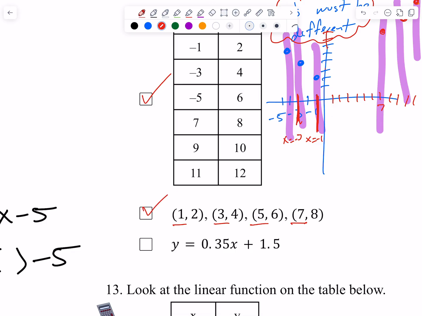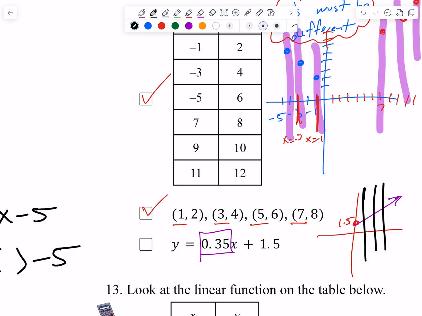Okay, and the last one, I got y equals 0.35x plus 1.5. You're like, what the heck? But if I graph this, remember, what do I start? There's my b at 1.5. What is my slope? 0.35, so it goes this way, and it's a straight line. So if I do a vertical line test, it only crosses 1 time, so this one is awesome.